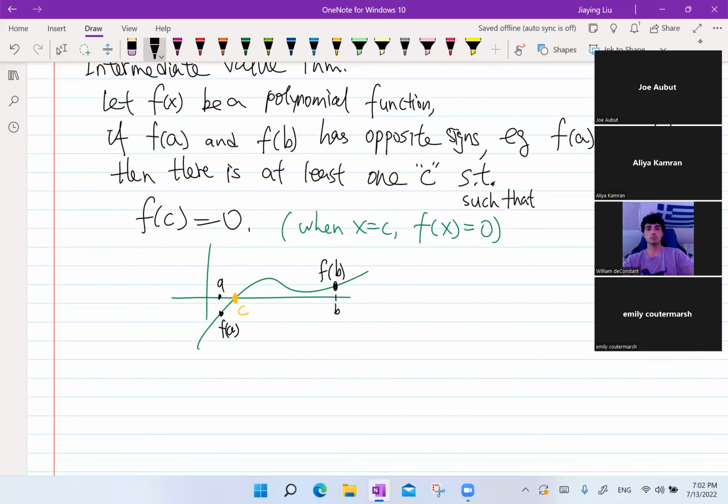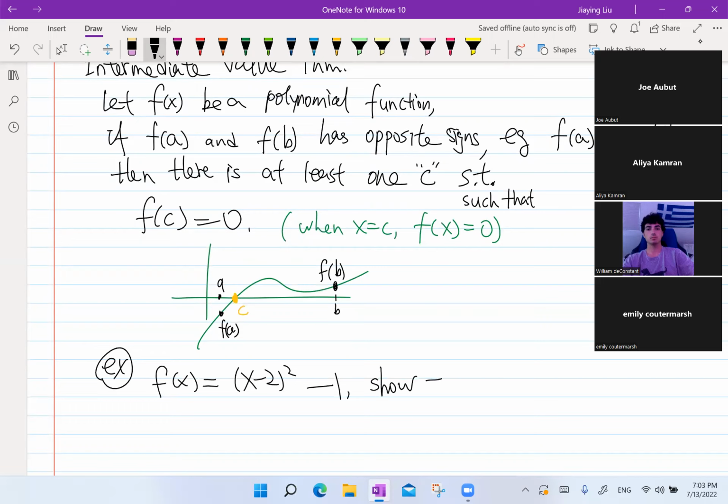So let's use this in an example. So here we are given, this is the example I have, f of x equals x minus 2 squared minus 1.